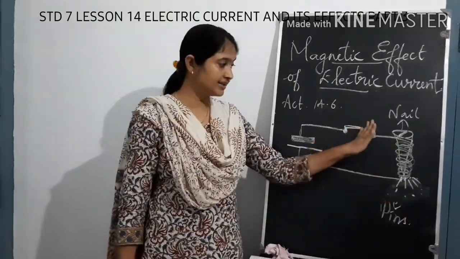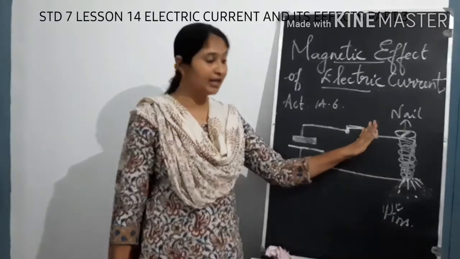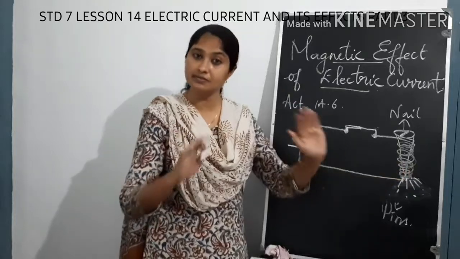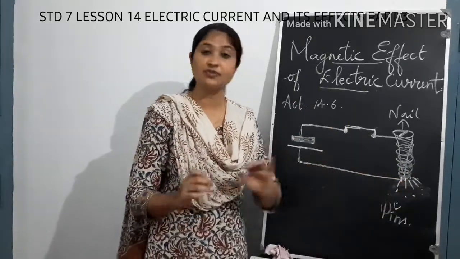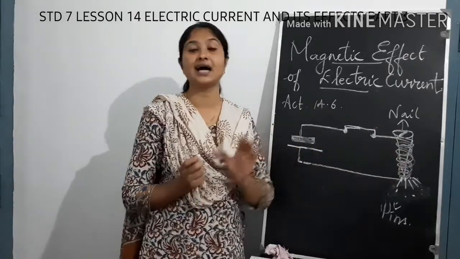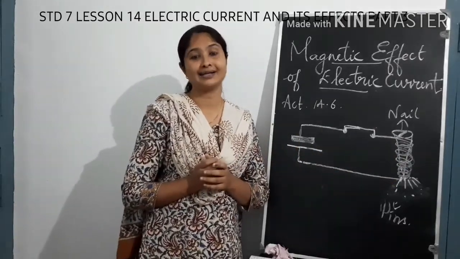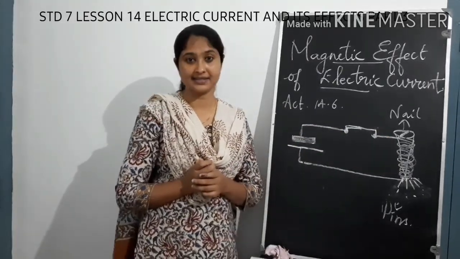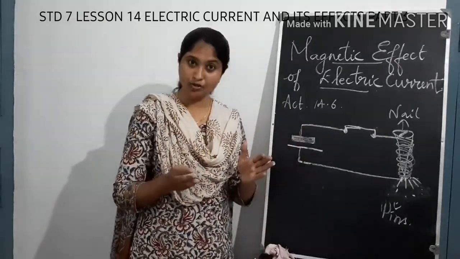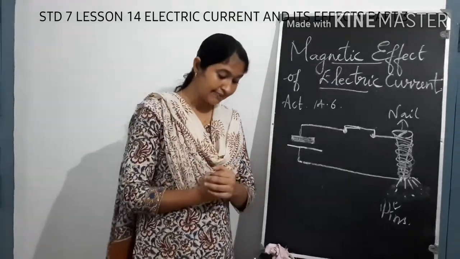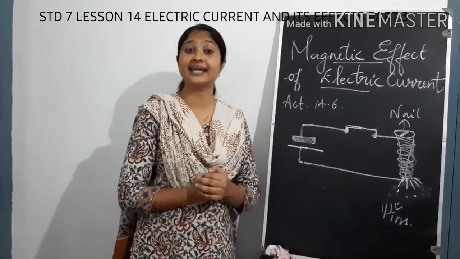So when the electricity stops flowing, there is no magnetism, the nail will lose its magnetism and all the pins will fall back. So now such coils are called electromagnets. Now these electromagnets are used in so many places. For example, they are used in cranes.